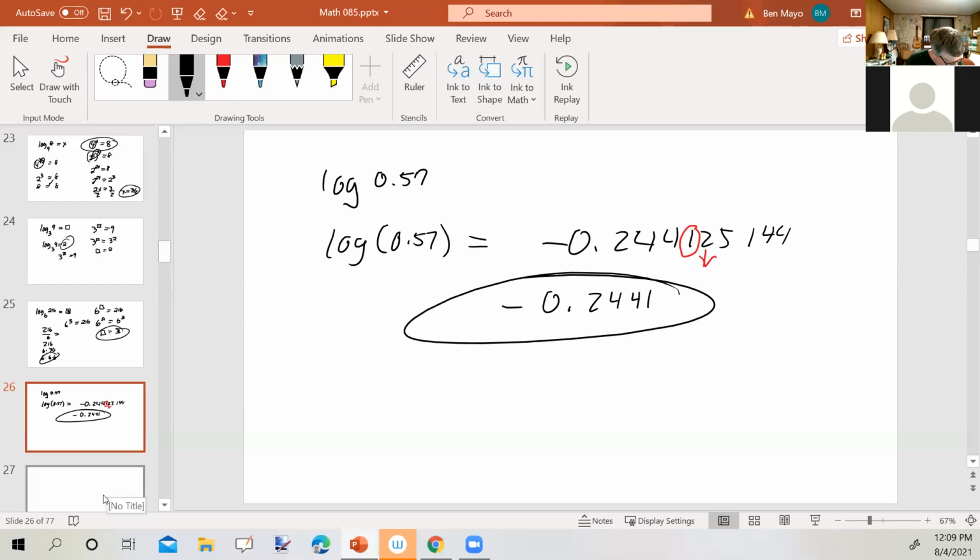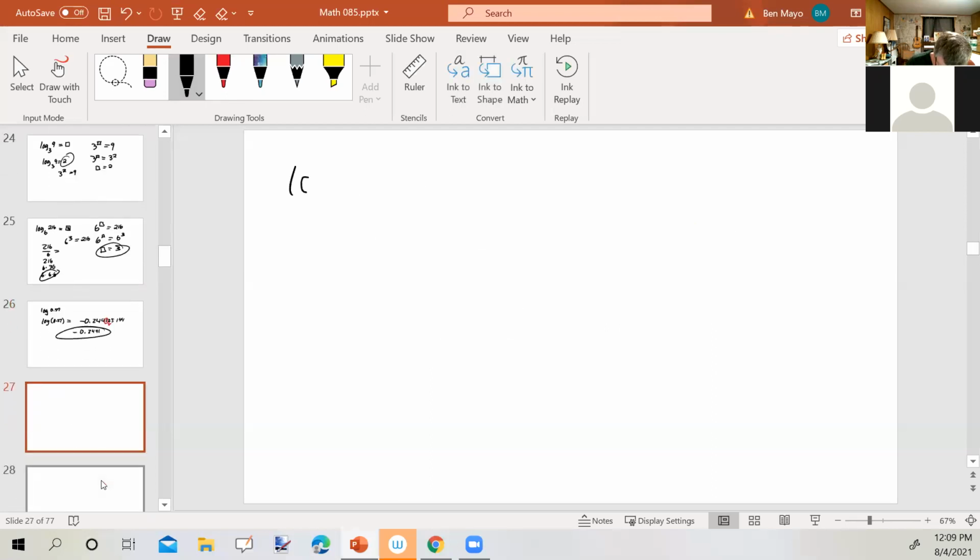Let's see here. Find the log of 375.876. So on my calculator, let's see what I get.